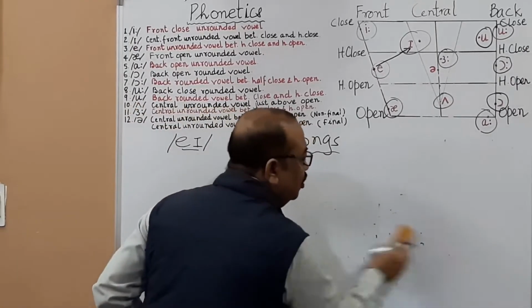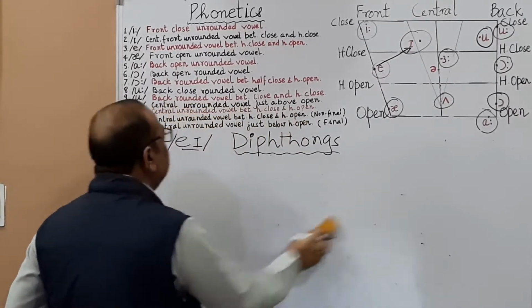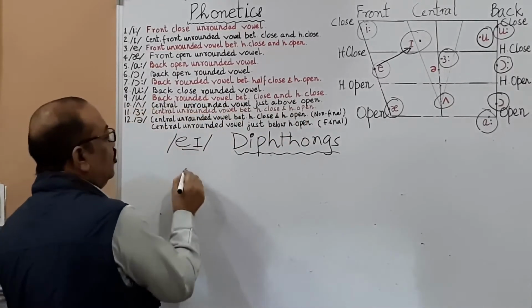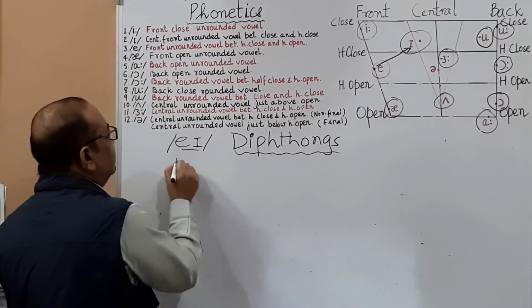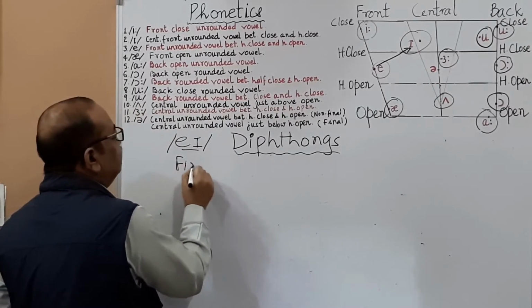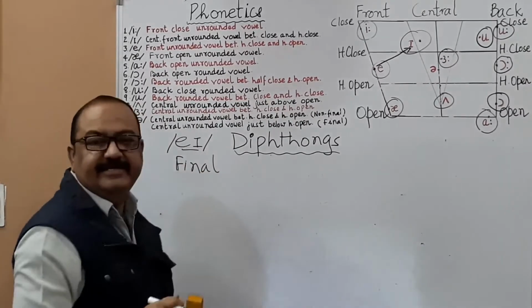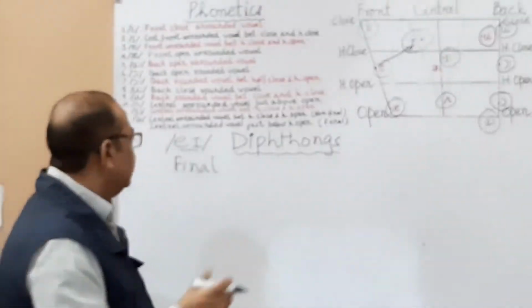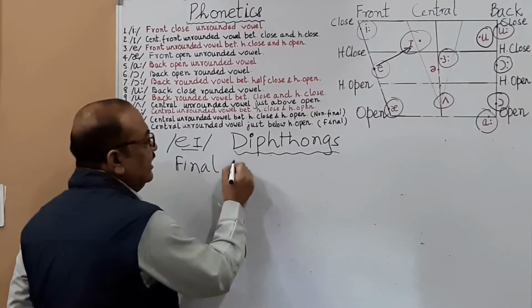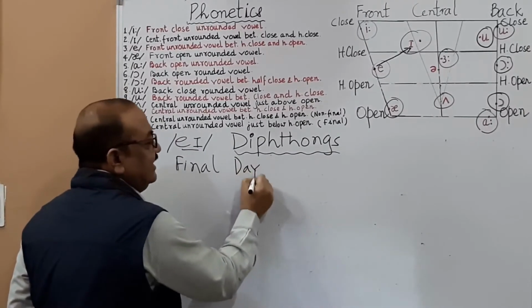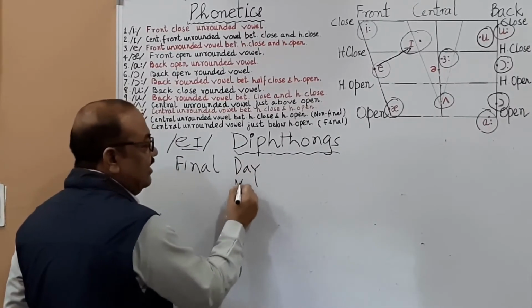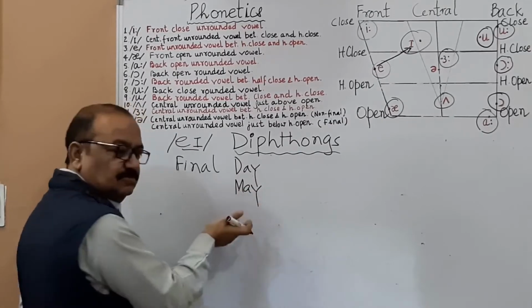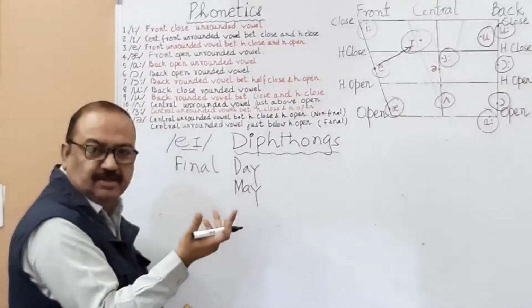Now we move on to the final position of this diphthong. Finally, this is very easy to transcribe. For example, words like day, or say, May. Now this can be the month or the model that you have.